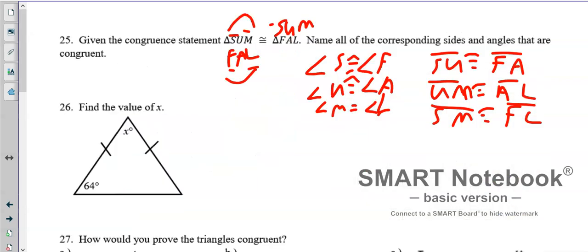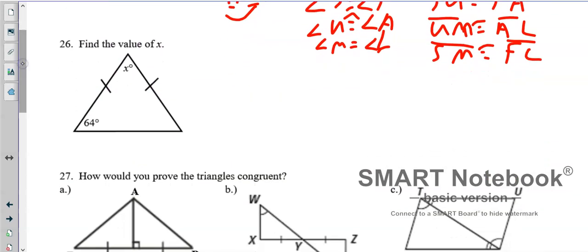All right, back to 26. Now, a lot of mistakes were made on this test. Please listen carefully for this. A lot of you are like, oh, there's two lines equal, so the two angles are equal, so that makes that 64. No, it does not. Draw your lines. That angle equals that angle. So these are the two angles that are equal to each other. Those two are 64.